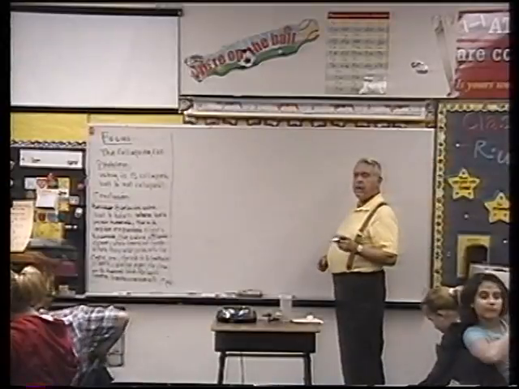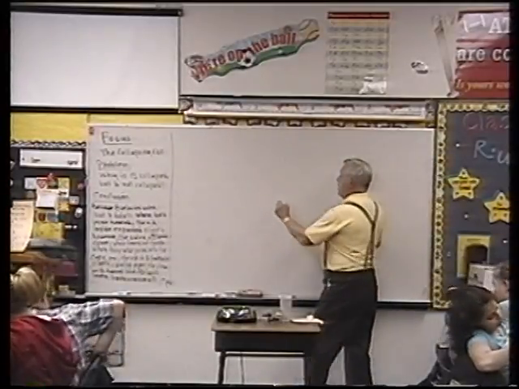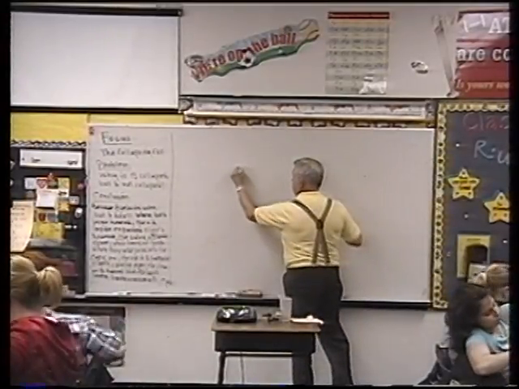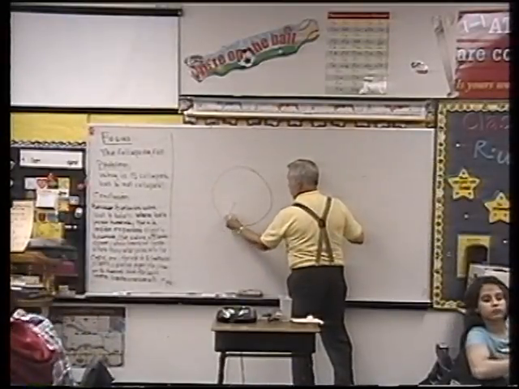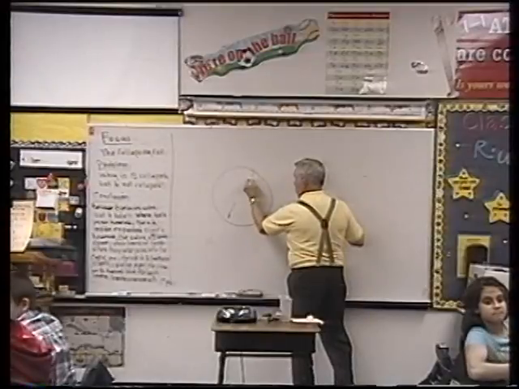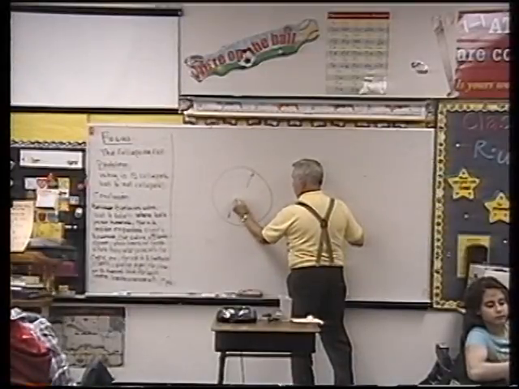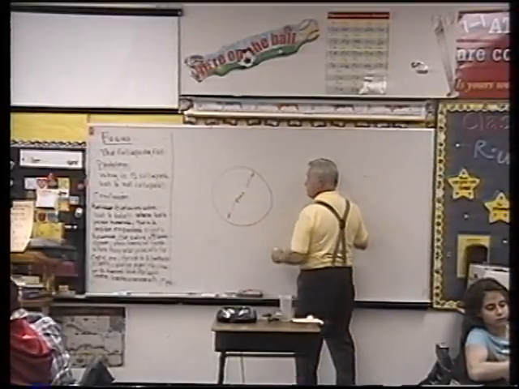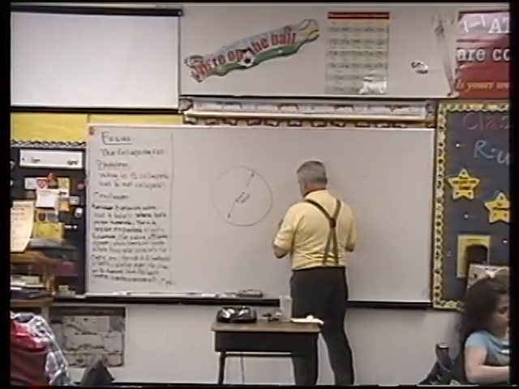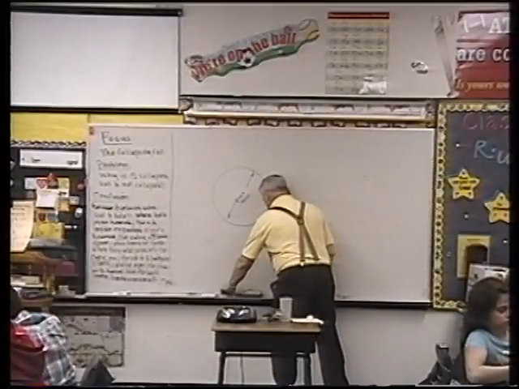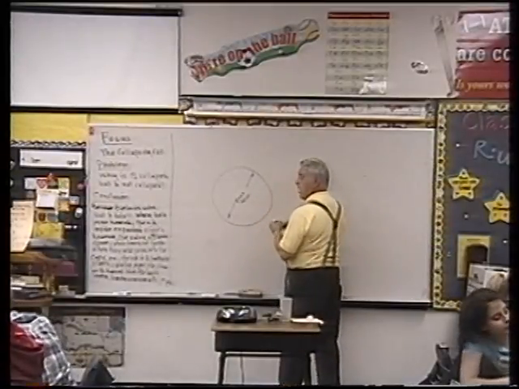Okay, I'm gonna draw a diagram. Suppose this is the Earth. The Earth is 8,000 miles across. If you draw a line through the center, 8,000 miles. The Earth is surrounded by the atmosphere, the air.